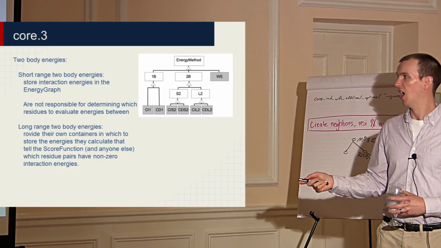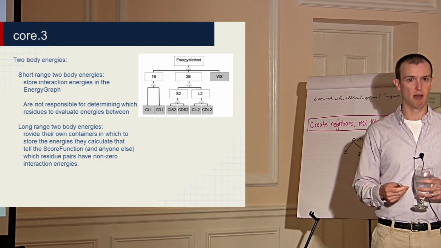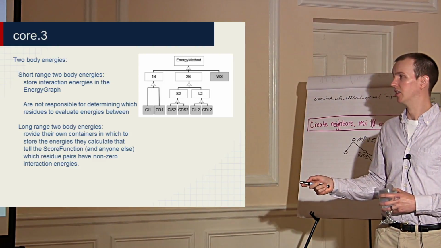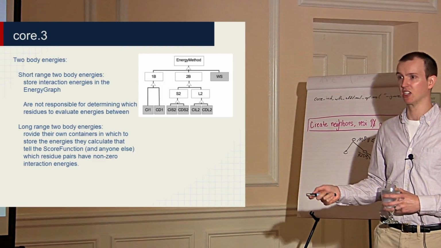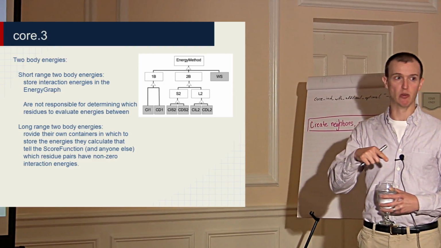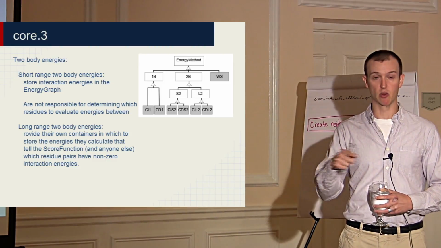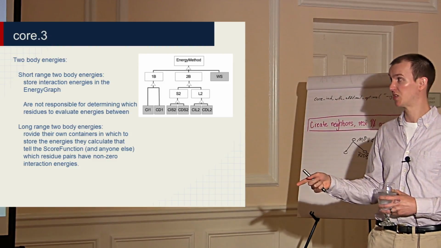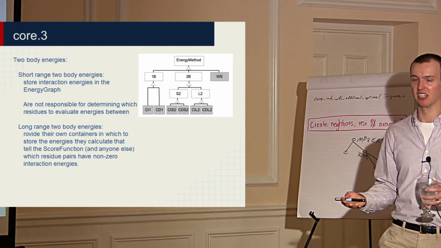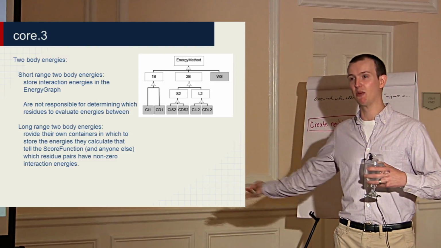In contrast, there are the constraint energies that could be at arbitrarily long distances. And so the constraint energy has to provide a constraint graph that says, I have a constraint between residue 10 and residue 50, and this constraint needs to get evaluated regardless of how far apart residues 10 and 50 become. You wouldn't want to accidentally stop evaluating the constraint energy between residues 10 and 50 if they got far enough apart, right?